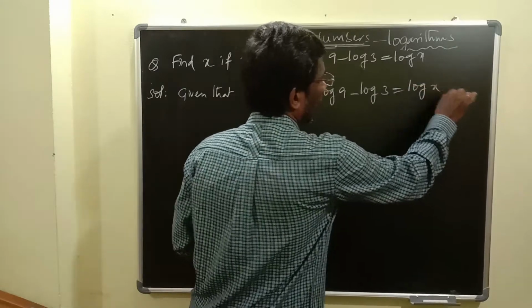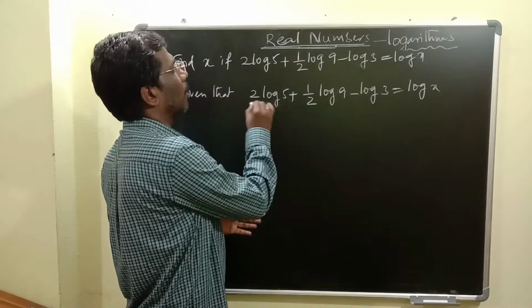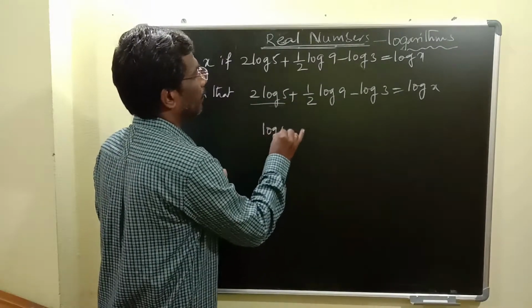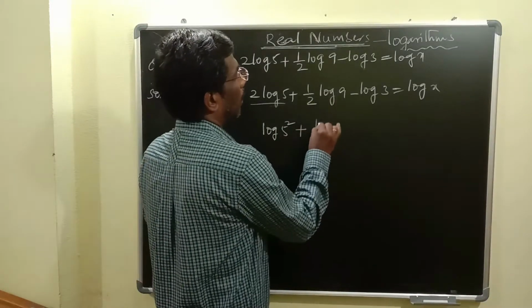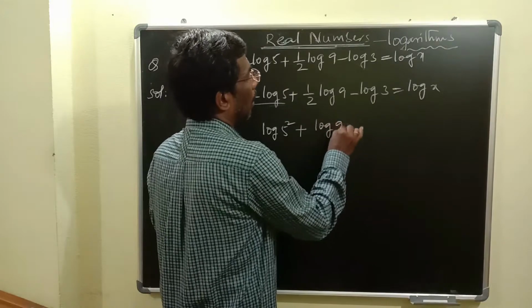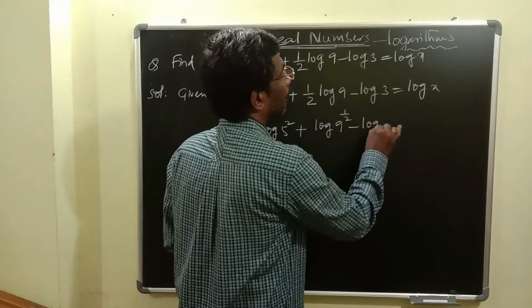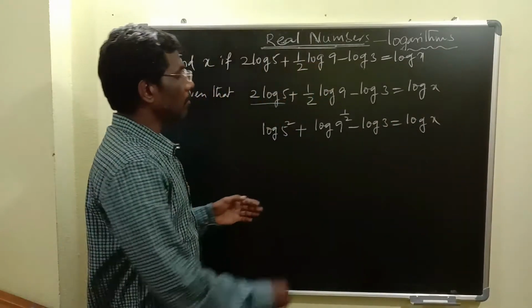Log x. For this I am going to apply the third law. Then we can write it as 5 square, plus it is also apply the third law, power 1 by 2, minus log 3 is equal to log x.